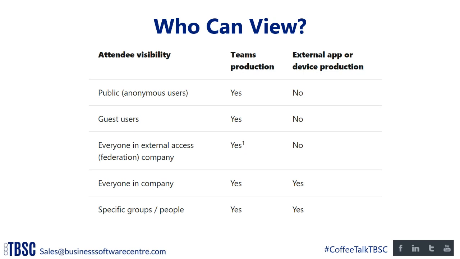Whereas, say you're trying to do a conference or a webinar, you can make the production public, and you can even allow anonymous users to join. That essentially means somebody who doesn't have a Microsoft Teams account would still be able to access the online webinar. So I'm going to go ahead and show you how to schedule a Teams live event.